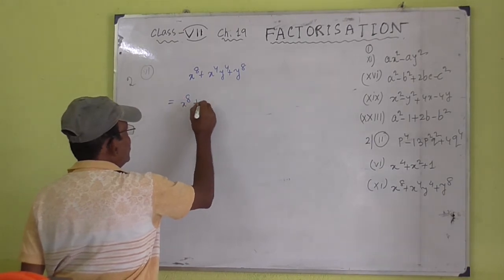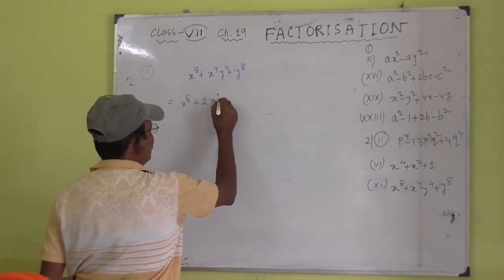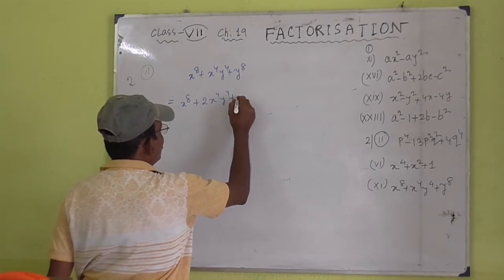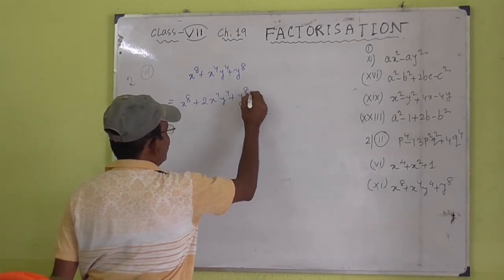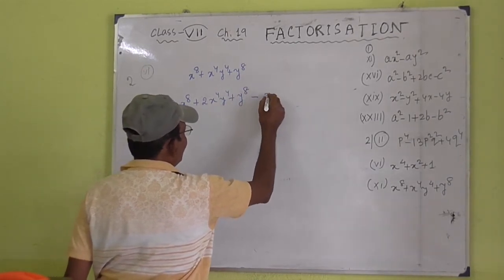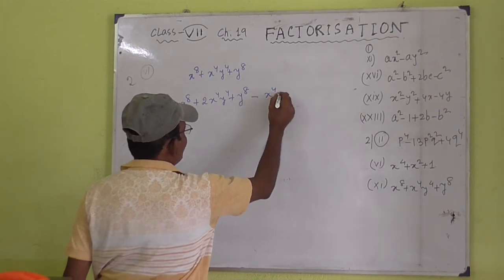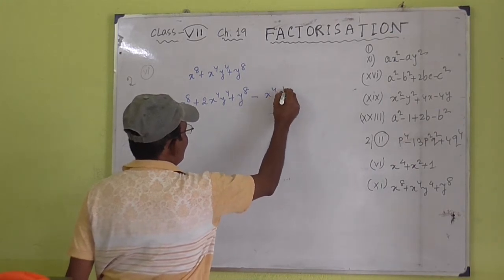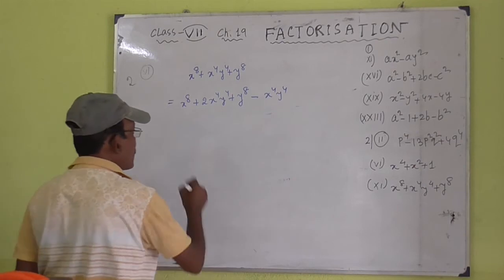X to the power 8 plus 2x to the power 4 y to the power 4 plus y to the power 8. To get balance, we subtract this.